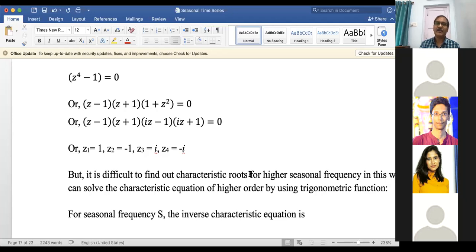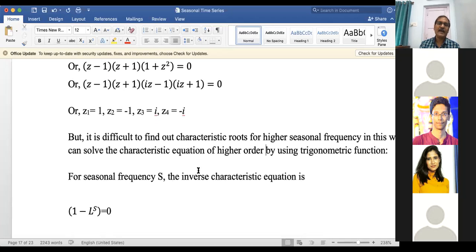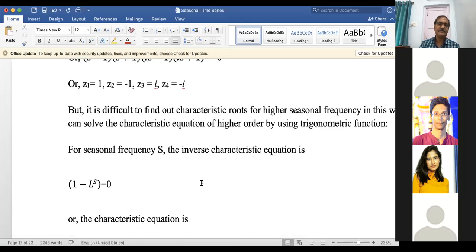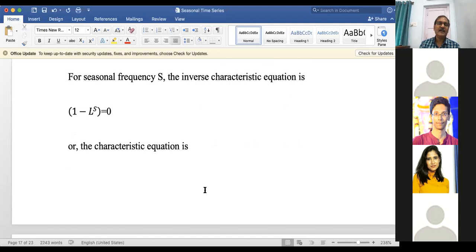By following this method, we can get the values for quarterly series, monthly series, weekly series, etc. easily, by following the same norms. But by the direct method of factorization, we cannot calculate the values of characteristic roots for higher frequency data. So let me explain the method we want to use for solving the characteristic equation.